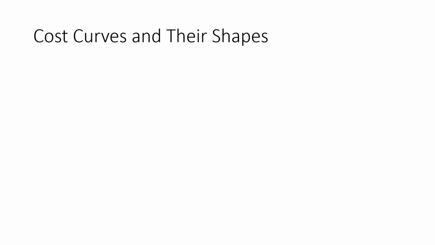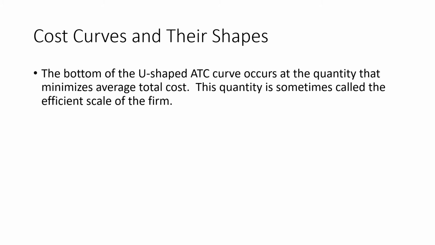Then we have another relationship, that is the bottom of the U-shaped average total cost curve occurs at the quantity that minimizes average total cost. You see, let's say we have the average total cost graph, the U-shaped curve. This is cost and this is the quantity that we are producing.